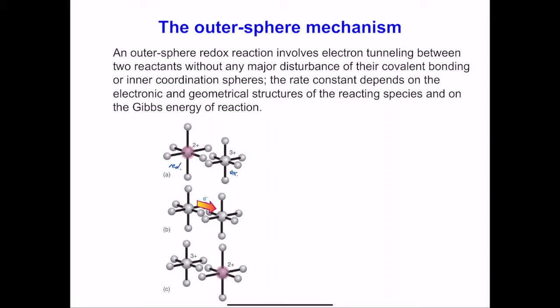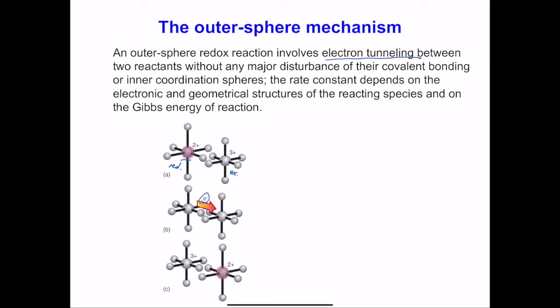Here the purple sphere means an electron sitting there. When these two transition metals approach each other, the electron will undergo an electron tunneling effect between the two reactants and trigger the electron transfer.